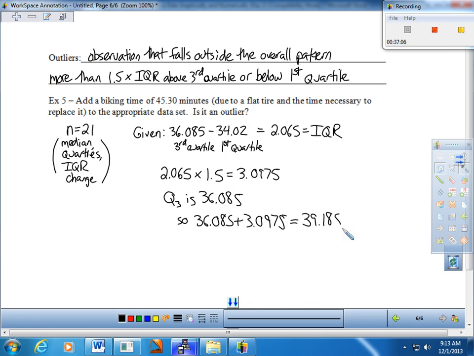So the question, of course, remains: is the 45.3 an outlier based on this? And the answer, of course, has to be yes. 45.3 is far greater than this. Here is the demarcation for what would be considered an outlier. Anything above this is an outlier. So yes, and in this case, by a lot. I've got to get faster fixing those tires, I guess. So 45.3 definitely is an outlier.